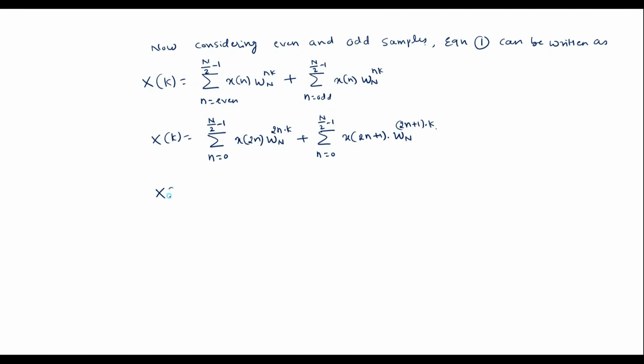Further, I can represent this expression as X of k is equal to summation n equals 0 to N by 2 minus 1 of x of 2n, which is nothing but f1 of n sequence, W_N power 2nk, plus summation n equals 0 to N by 2 minus 1 of x of 2n plus 1, which is nothing but f2 of n, W_N power 2nk into W_N power k.